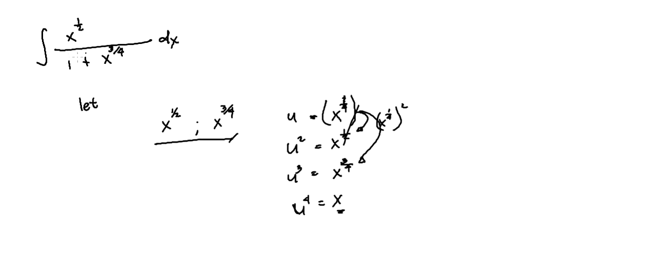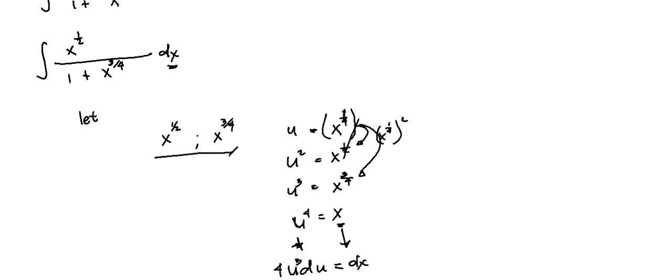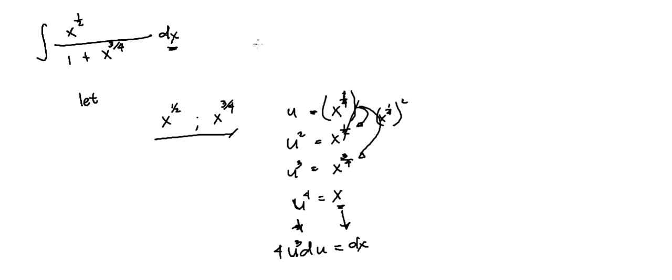But we have not finished yet, because we need to determine the equivalent value of our dx in terms of u. So we need to differentiate this. We have 4u cubed du is equal to the derivative of x, which is dx. By having this information, we can now transform our integrand in terms of u.